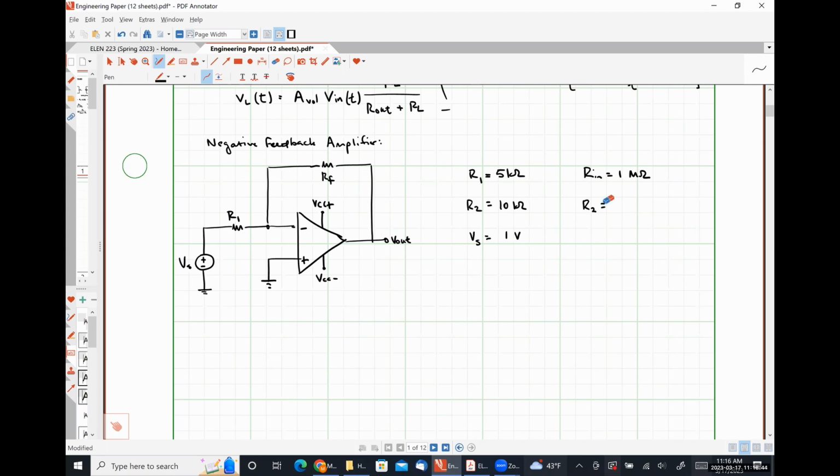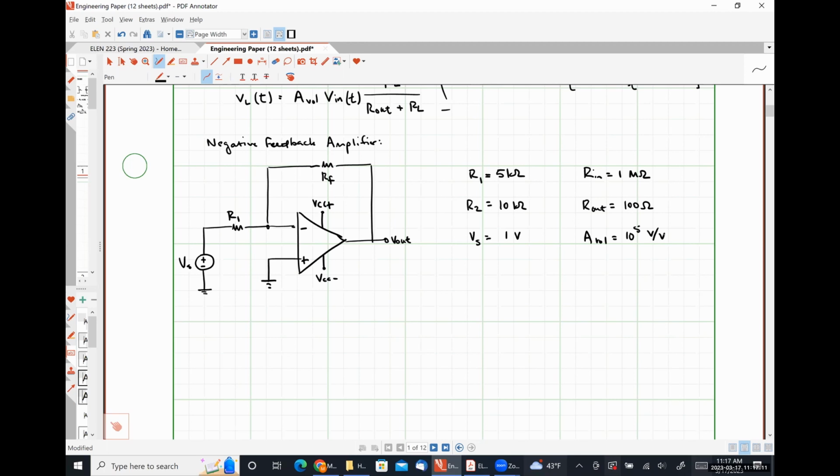R out will be equal to 100 ohms. Pretty large for an output resistance, but we'll see that that's okay. And our open loop voltage gain will be 10 to the 5 volts per volt. So we're going to analyze this circuit using the practical op amp model.